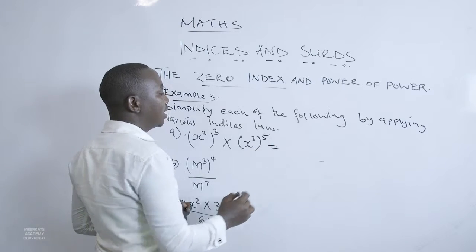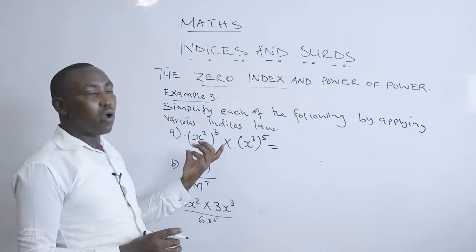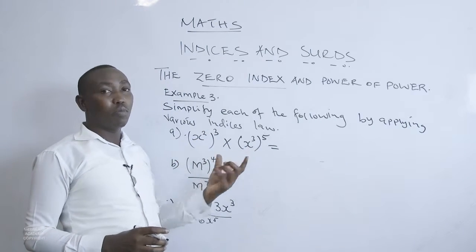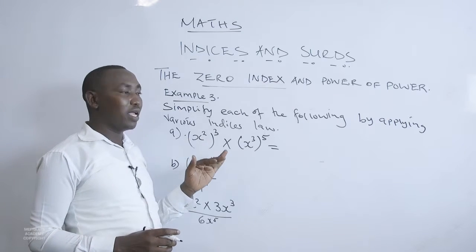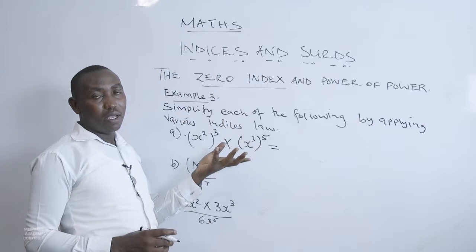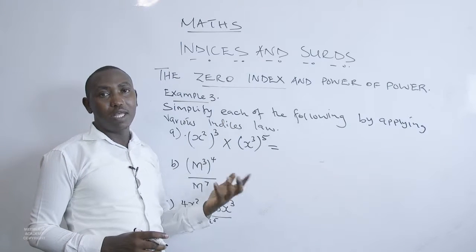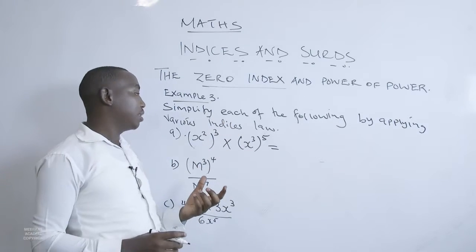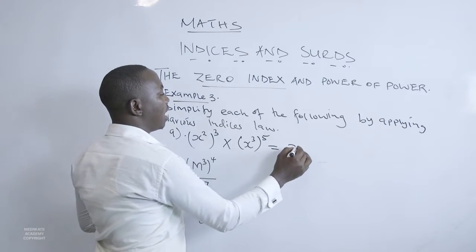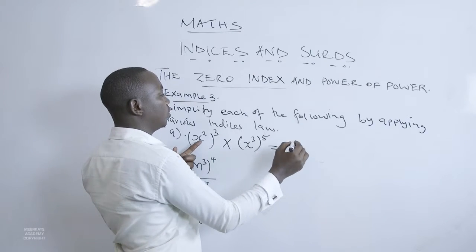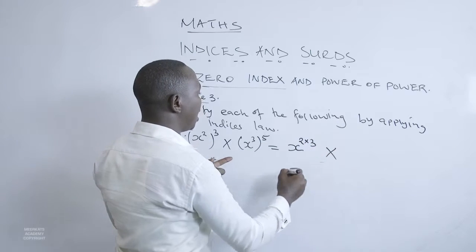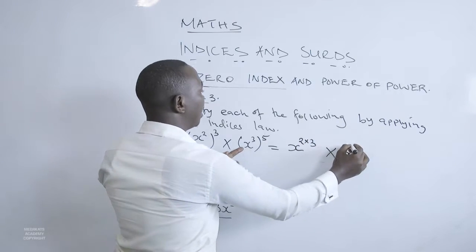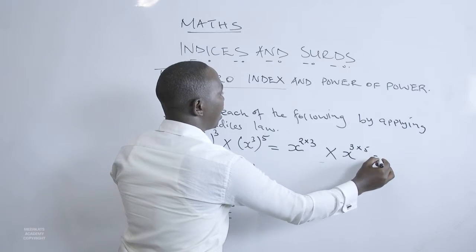Now in this first case, we need to solve these 2 parts independently. In the first part, we have a power of another power. Whenever we have a power of another power, we multiply the powers. So x is raised to 2 multiplied by 3, and on the other part we multiply 3 by 5.